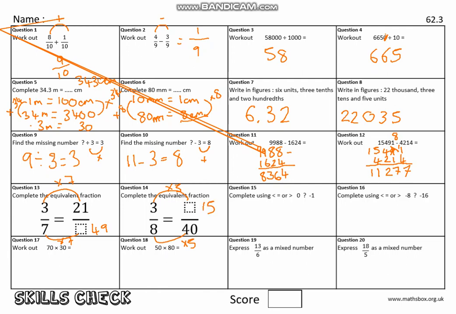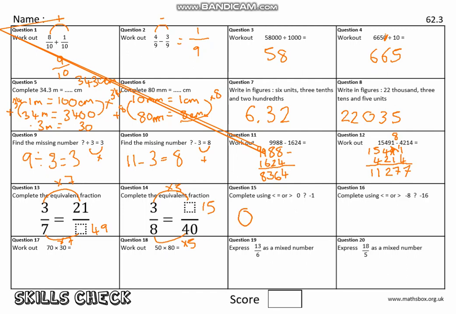So remember, equivalent just means like the same, okay? So 3 over 8 is the same as 15 over 40, and 3 over 7 is the same as 21 over 49. Now, if you remember, these are our crocodiles, so we've got one facing this way and one facing this way. So we're going to write our numbers out.